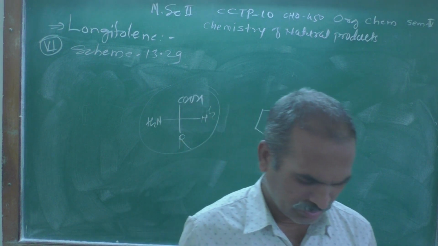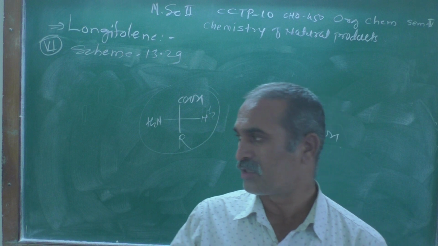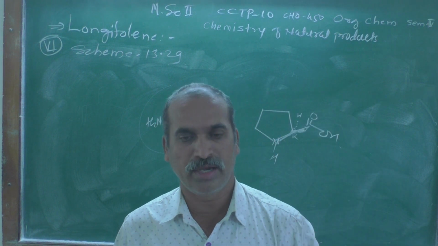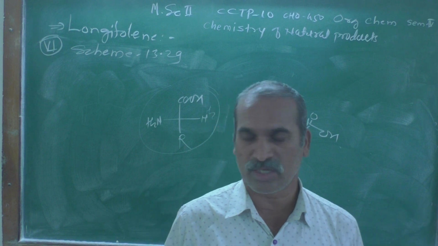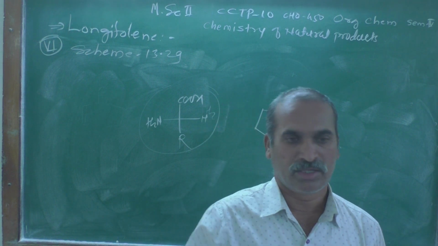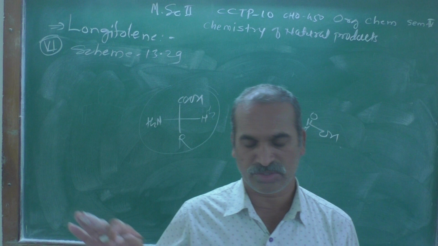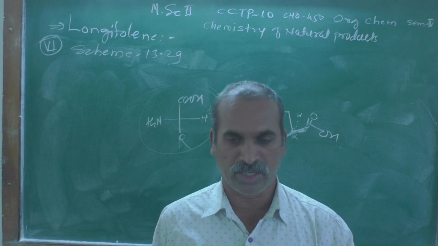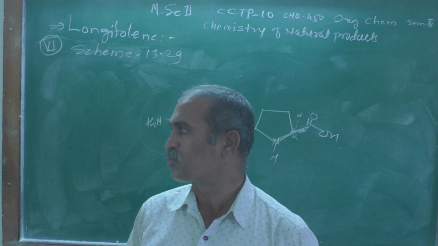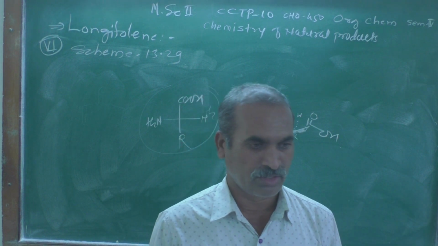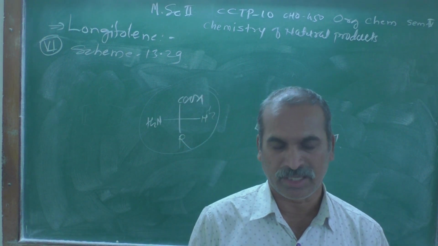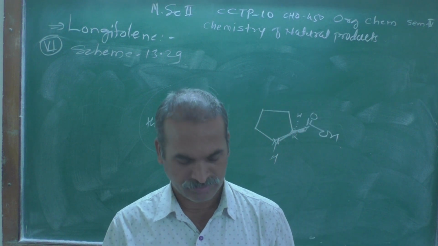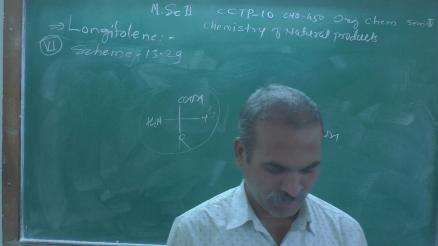So L and D, as we know, are the relative configuration. When you write the compound as a Fischer projection formula, there are certain rules. You have to write the structure vertically, keep the most oxidizable group at the top, and then arrange the groups in a particular manner.